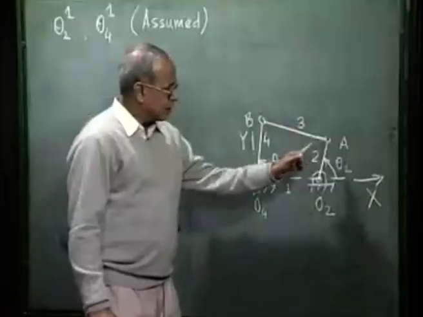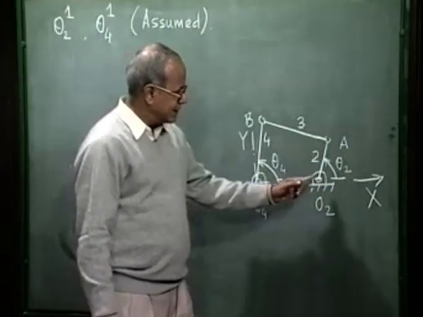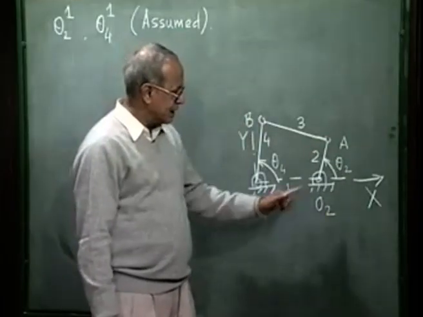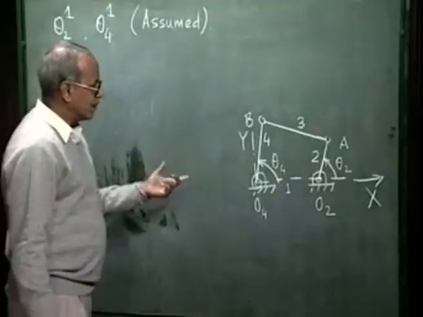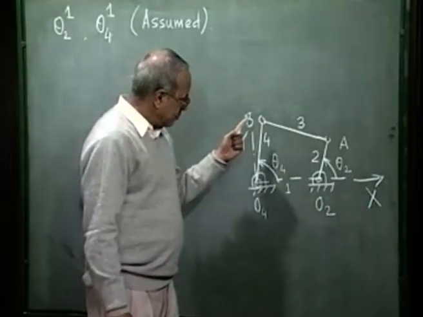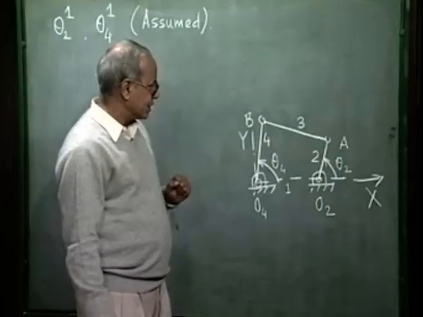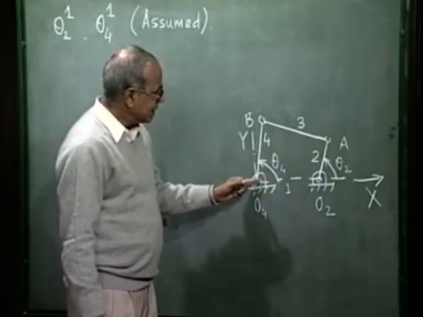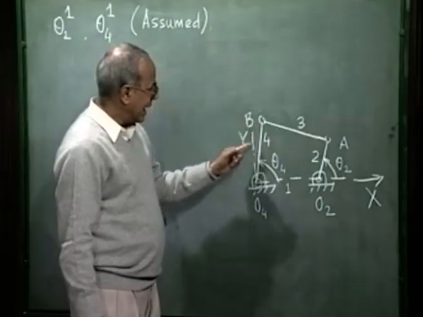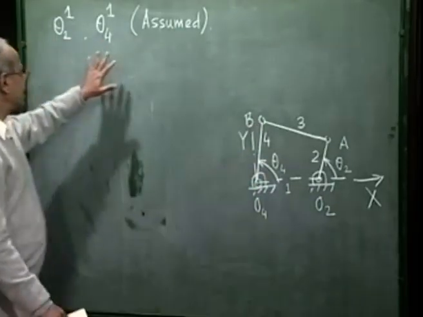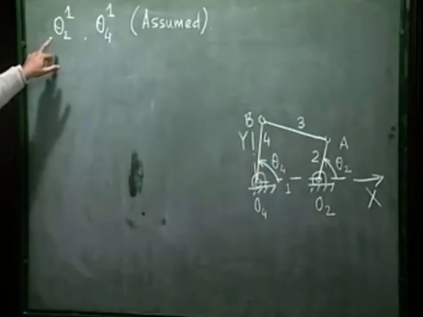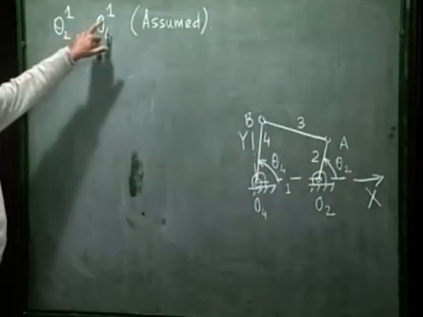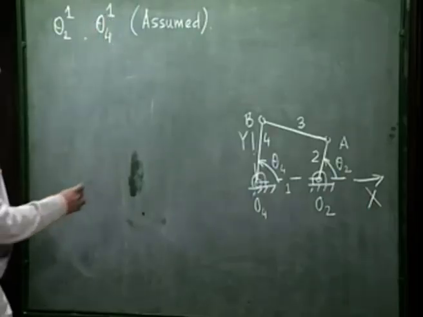In the graphical methods, what we assumed is the location of the point A, that is corresponding to the first configuration, that is the link length L2 and theta 2 1, or we could have assumed the point B corresponding to the first configuration, which means assumed is L4, the follower length, and theta 4 1, whereas here we are leaving the link lengths as unknown parameters and we are assuming the values of theta 2 and theta 4 corresponding to the first configuration.